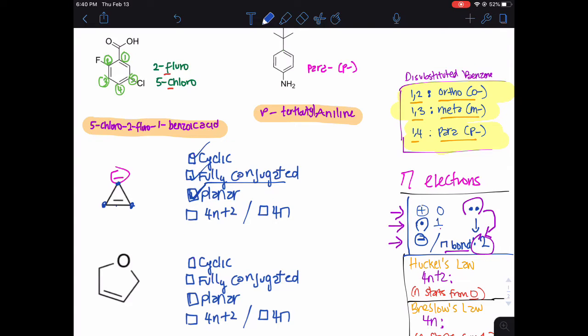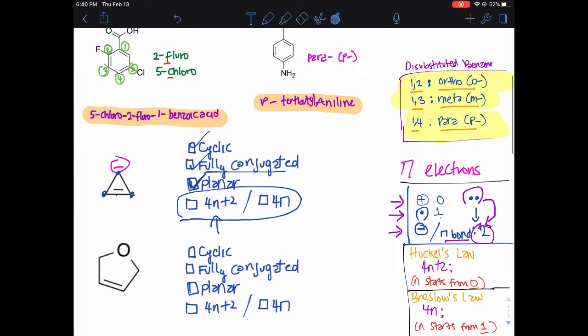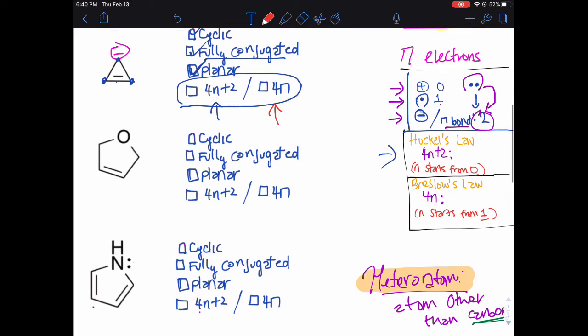So the next question is, does it have 4n plus 2 pi electrons, meaning it follows Huckel's law? If it has a 4n plus 2, then it would be aromatic. Or does it have 4n pi electrons, meaning it's going to be under Breslow's law, meaning it's going to be anti-aromatic.